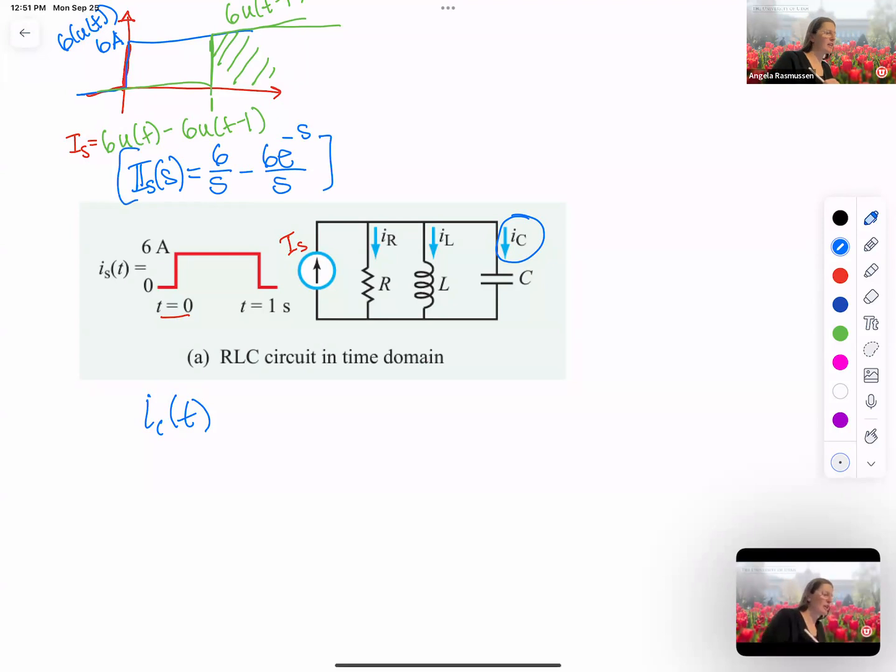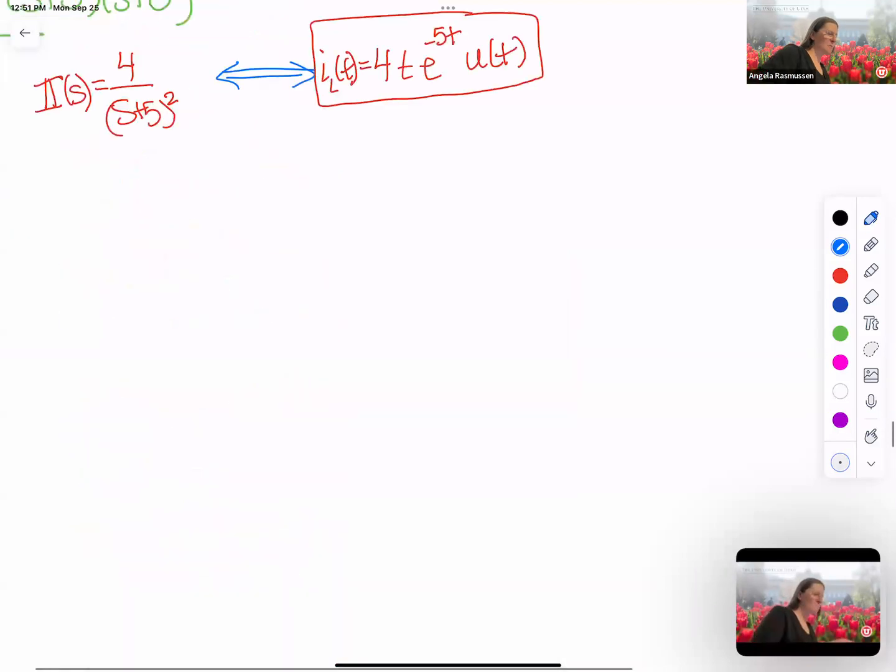So it should look like that in the S domain. Did everybody get that? If you didn't, ask a question about that one. Okay, so let me go back up to the tables.